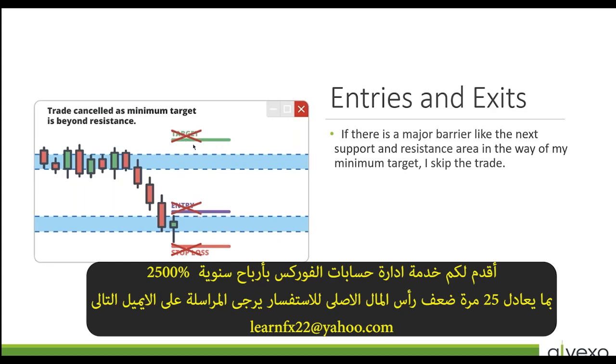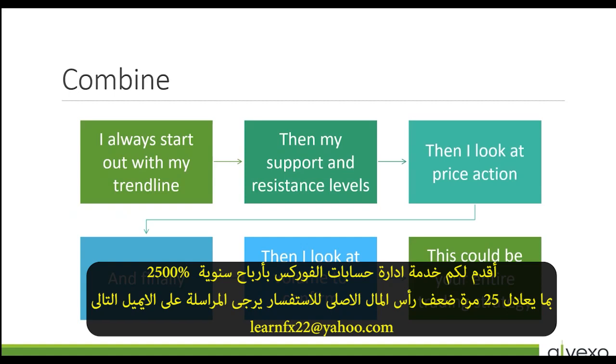Now, if you had calculated your target was, say, up here, based on the prior resistance, and in order to calculate your risk reward ratio at 2 to 1, this is where your target would be, but you had a major price level in between, or a major resistance zone, or some other major thing, you just don't make that trade. Because if you can't see that target price coming and don't have that proper risk reward ratio, you're going to eventually lose your money.